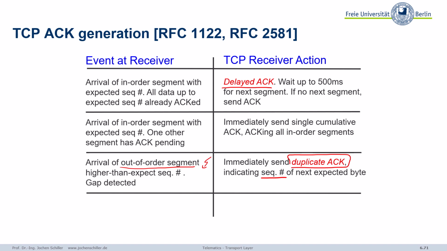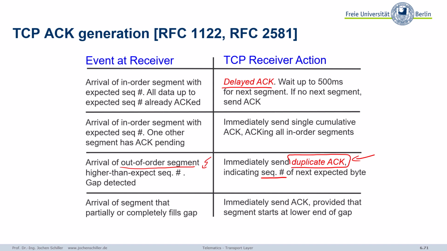Why do I do so? The duplicated ACK in this case tells the sender, okay, some data of yours went through the network, I received something, but still I'm missing something. I indicate the gap. So I tell: up to this sequence number everything is fine, but there's something missing.